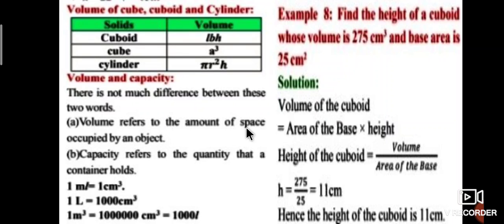Volume refers to the amount of space occupied by an object, but capacity refers to the quantity that a container holds. 1 milliliter is equal to 1 centimeter cube. 1 liter is equal to 1000 centimeter cube. 1 meter cube is equal to 10 lakh centimeter cube or 1000 liter.